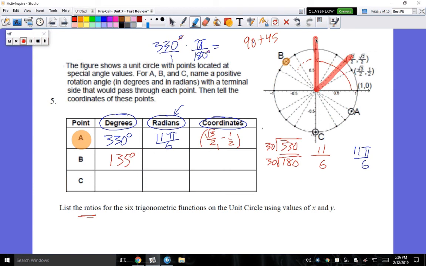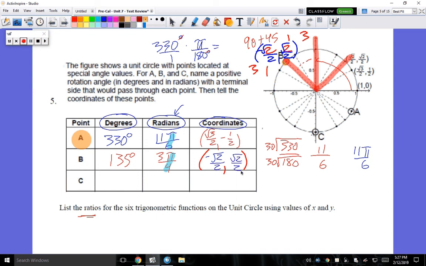And it takes 1, 2, 3 of them to get to B. So there's 3 pi over 4. Again, remember, these are those reference angle pieces, pi over 6 and pi over 4, that we use in quadrant 1 to pretty much figure out all the other quadrants. Okay? So we have our point, and it's going to be, here we go, 3, 2, 1, 3, 2, 1, all over 2, square root the top. And then it's a negative x, positive y. So my point is going to be negative root 2 over 2 and positive root 2 over 2.